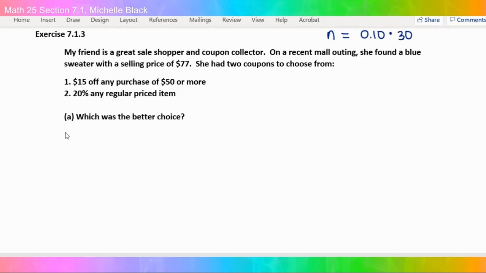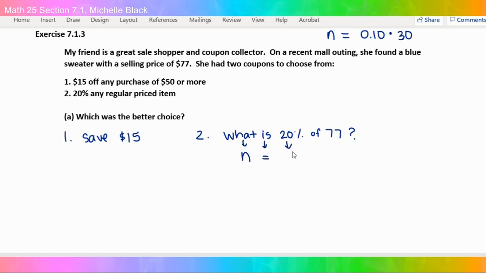Well, with coupon number 1, she's going to save $15. For coupon number 2, she saves 20% off. So I need to figure out how much money 20% of $77 is. Or in other words, what is 20% of 77? Now we can use those translations that we learned above. Remember, "what" is going to be your variable. "Is" is going to be your equal sign.